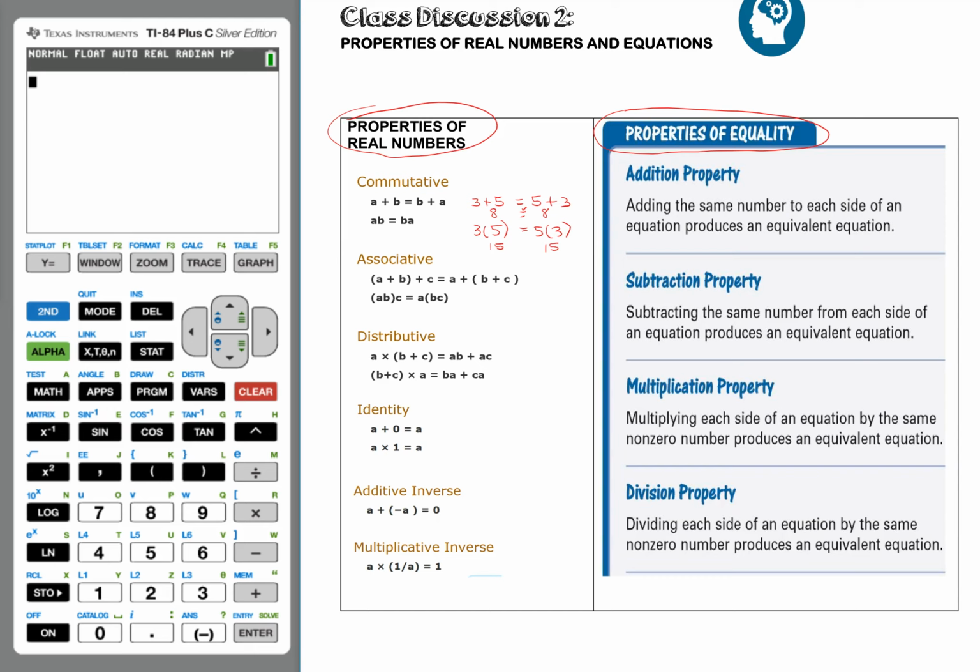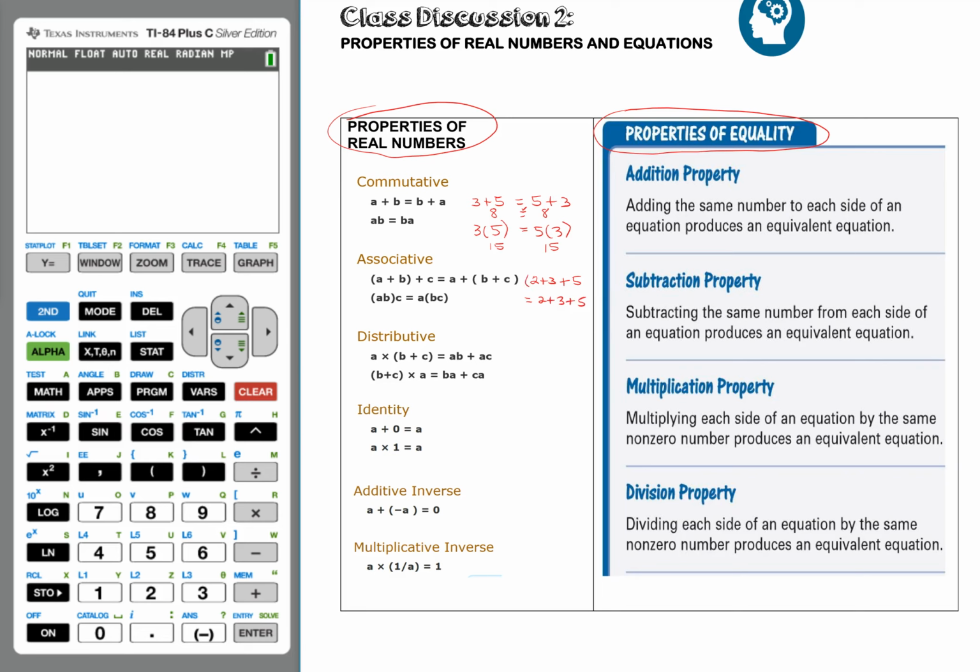Associative property is telling us that when you are adding or multiplying more than two numbers, you can either add the first two numbers or add the last two numbers, following the properties for simplifying numbers using PEMDAS. For example, 2 plus 3 plus 5 should be equal to 2 plus 3 plus 5, grouped differently.